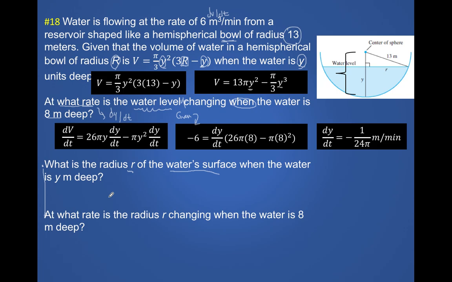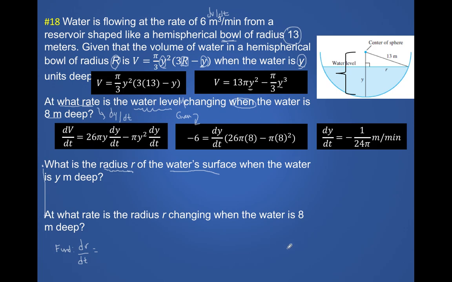They're asking what's the rate of the radius changing. So I know I'm trying to find the rate of change of the radius of the water changing. The problem is I need an equation with little r. That's what this is asking for. This is asking you to create an equation for little r.